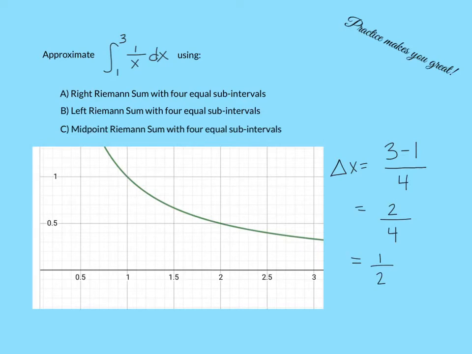So for your first right Riemann sum, this is the base of your rectangle, the height is provided by your right point. So it's by plugging in 1.5 into this function here, 1 over x. Your function's 1 over x. How can you find those values? Well, an easy way if you're using your calculator is to just make an XY chart.